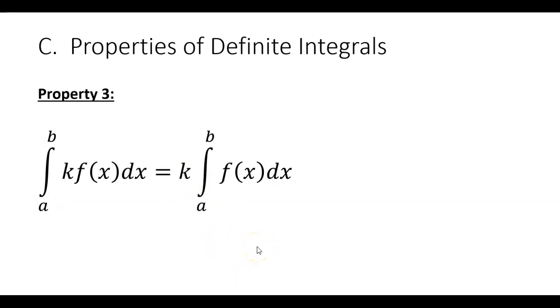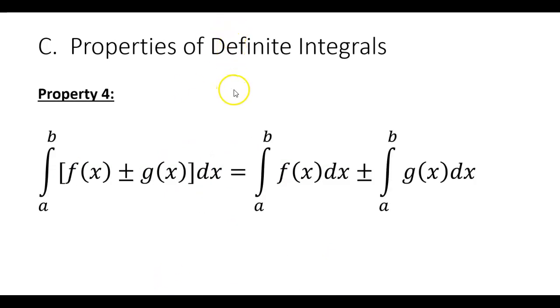All right, property 3, I'm not going to spend much explanation on. This is a property that we've already seen. But anytime you have a constant multiplier, you can just pull it out to the front. Okay? We've been doing that with integrals since our second unit. And we've also been doing property 4 since we first started our second unit.